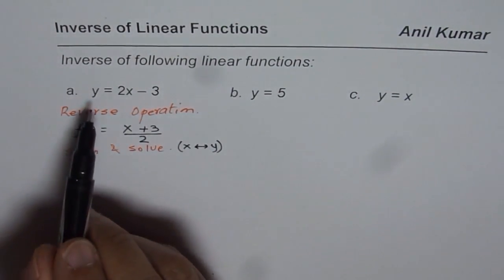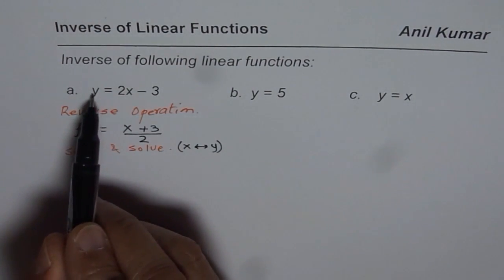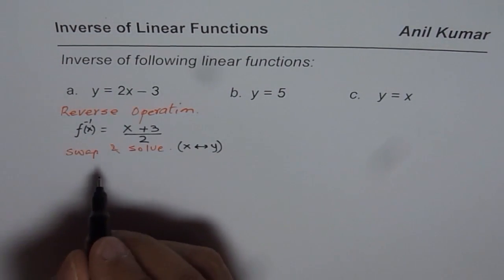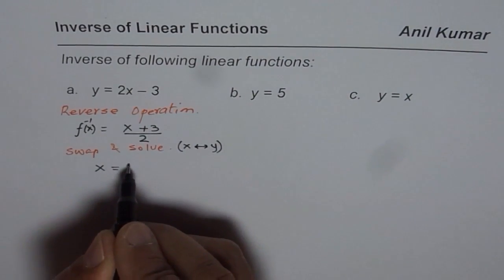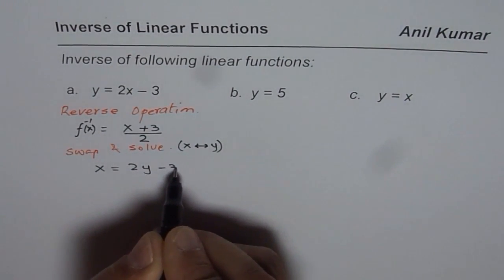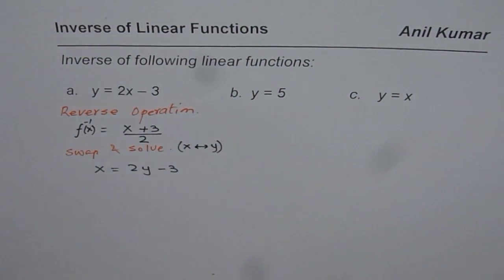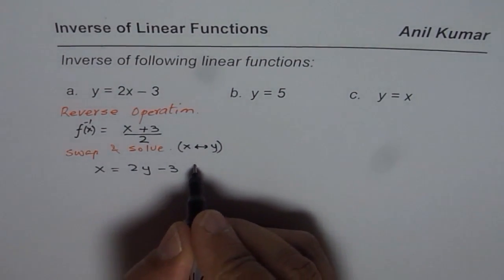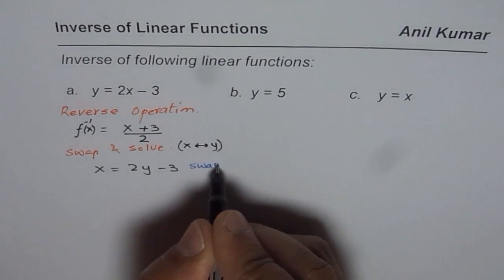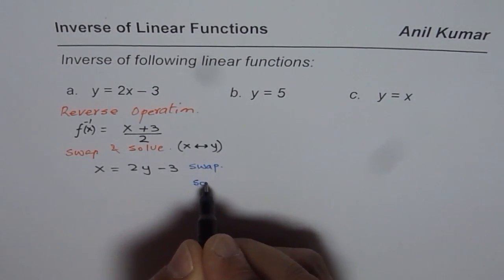That is the first step. So when we swap x and y in the equation y equals 2x minus 3, we get x equals 2y minus 3. This is the first step, where we have done the operation swap. And now let us solve.